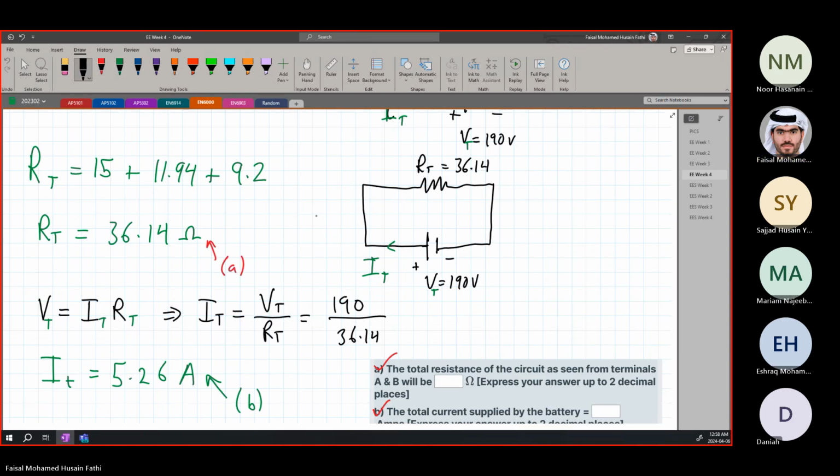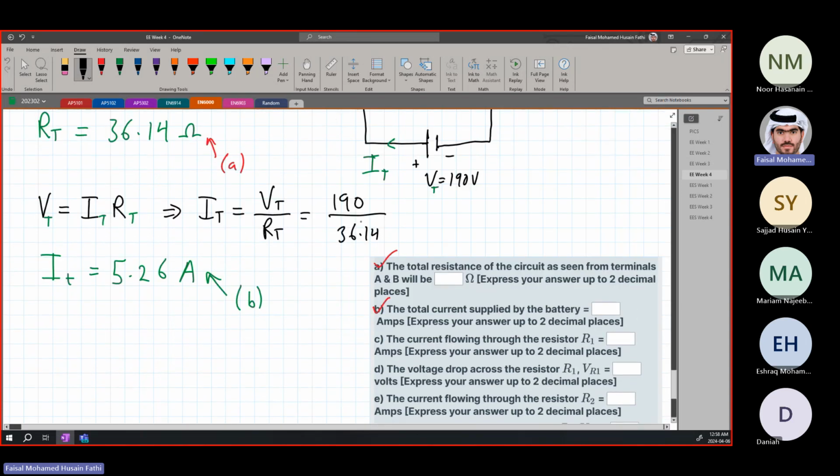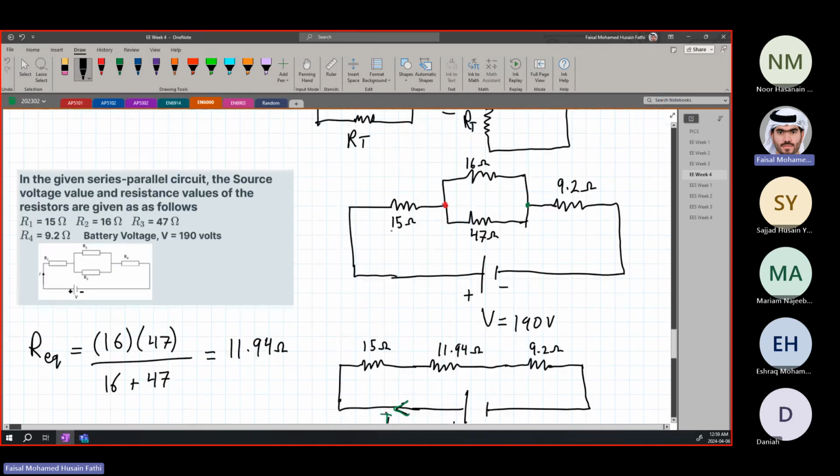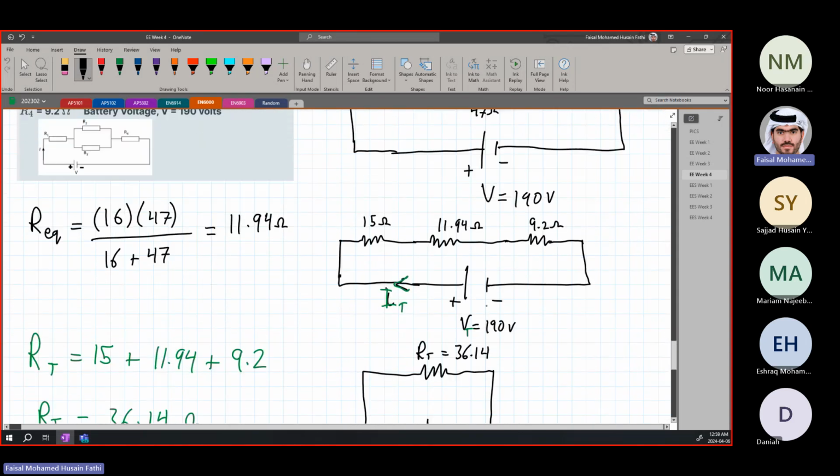Okay, now let's move on. The current flowing through resistor R1. This is now very important. Look at these three circuits. You have to understand these three circuits now. Let me just grab the circuit and take it to the bottom.